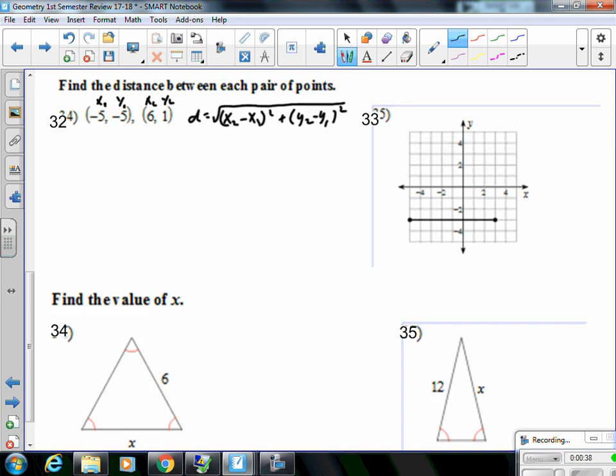So that's going to give us the square root of (6 minus negative 5) squared plus (1 minus negative 5) squared.